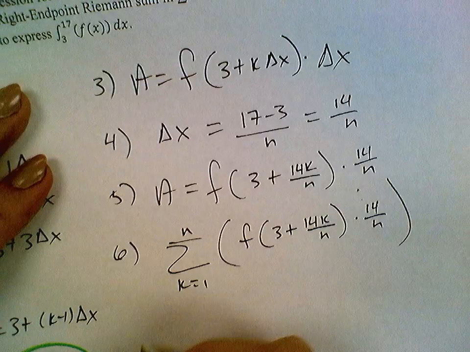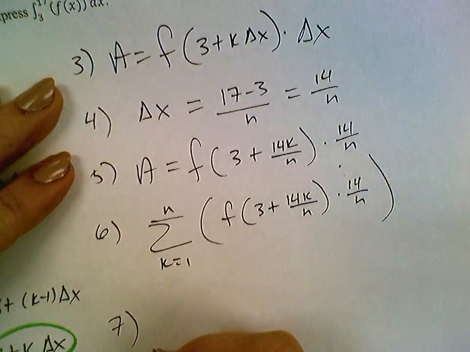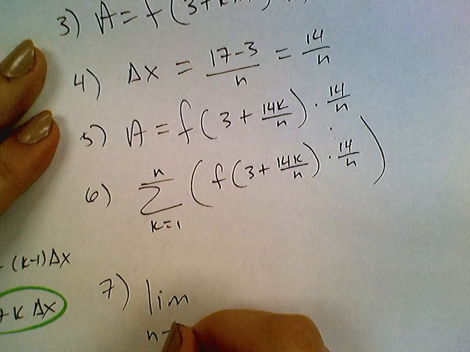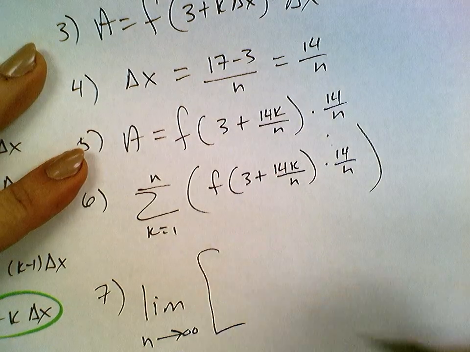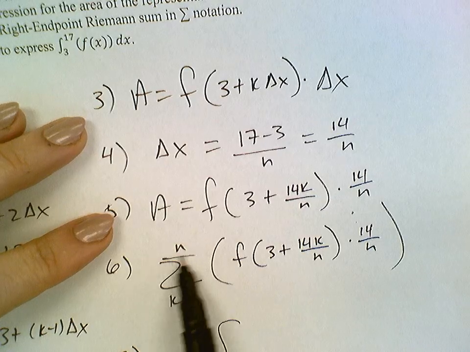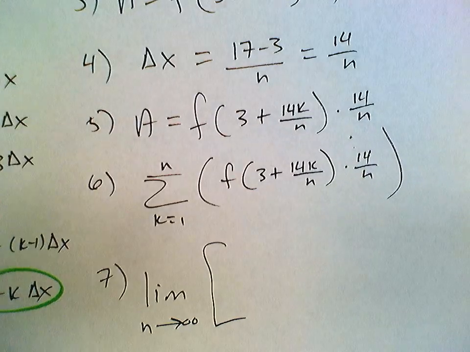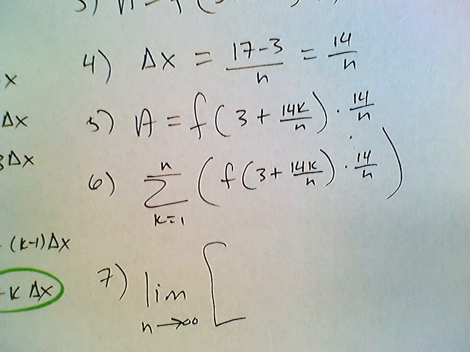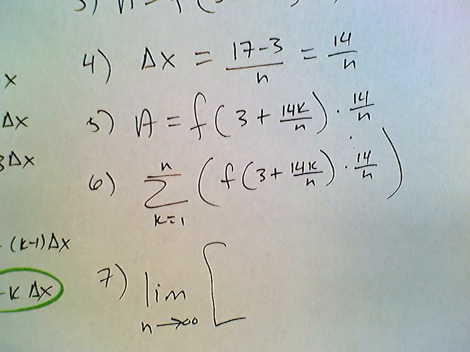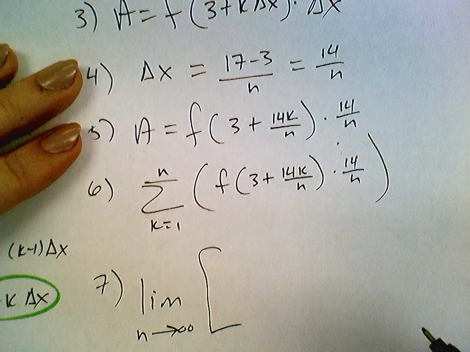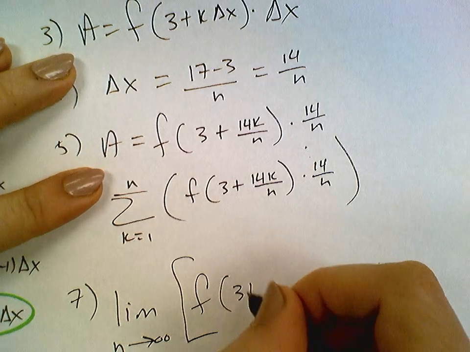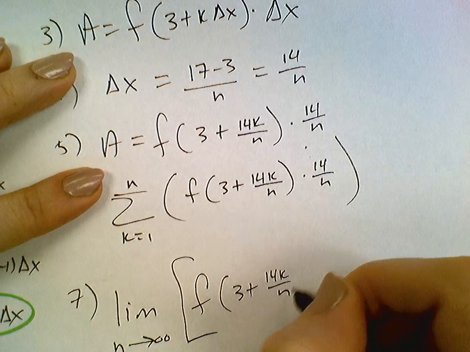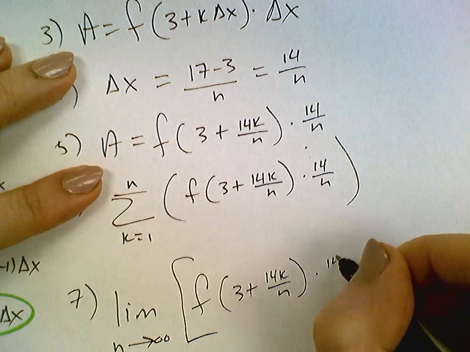So we do the limit as n approaches infinity. And if you guys take Calc 2, they'll probably just put infinity up there, but that's later notation. And then these just go inside: f of 3 plus 14k over n.